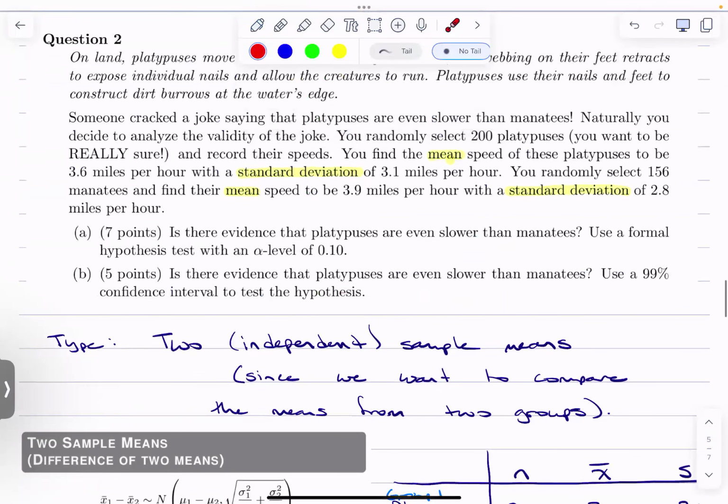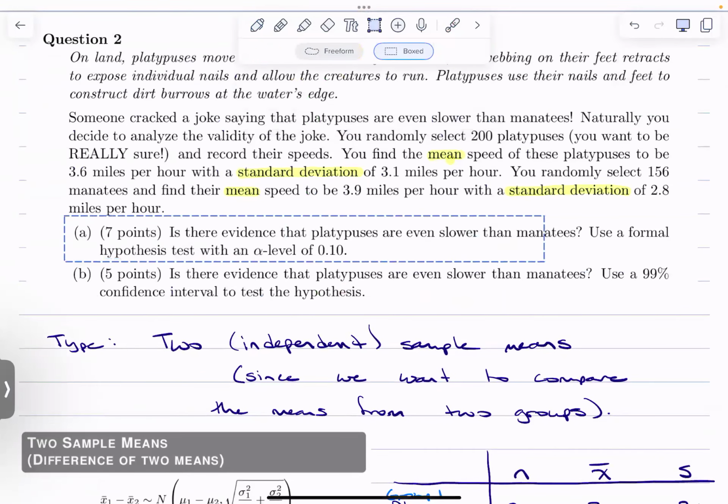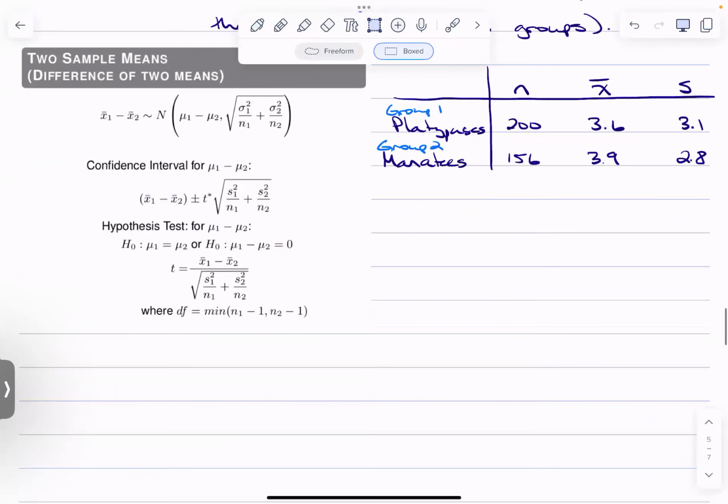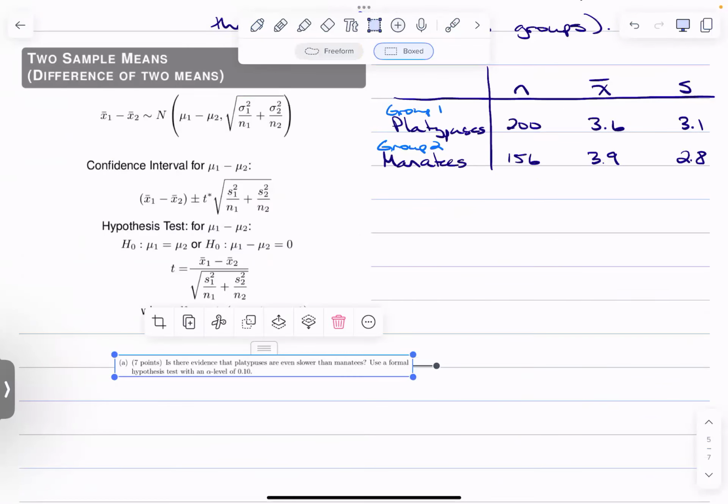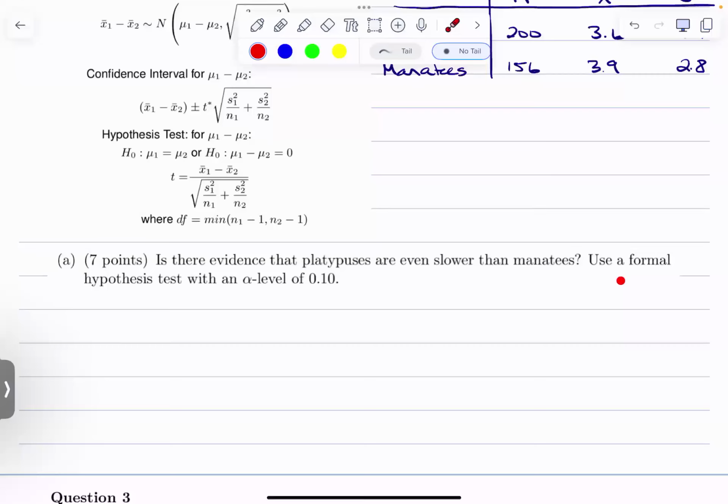What do we want to do? We want to know, is there evidence? Well, that's a hypothesis test, isn't it? So on the test, I don't tend to say use a formal hypothesis test, but I would say use an alpha level of 0.1, right? So maybe I'll scratch this out.